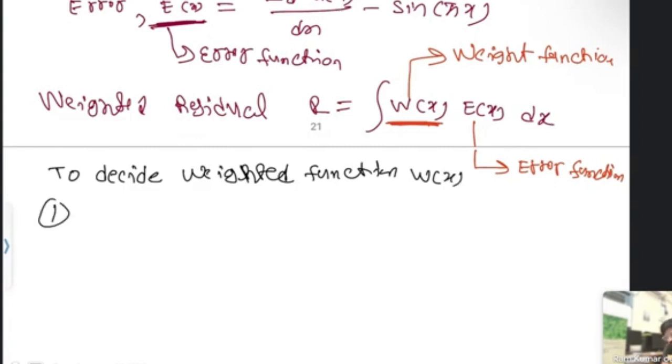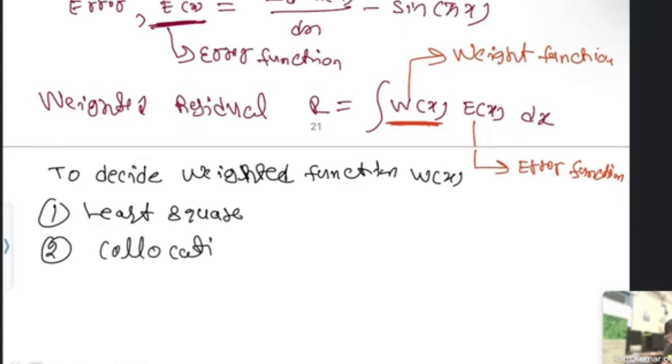First one, least square method. Second one, collocation method. Third one, Galerkin method.